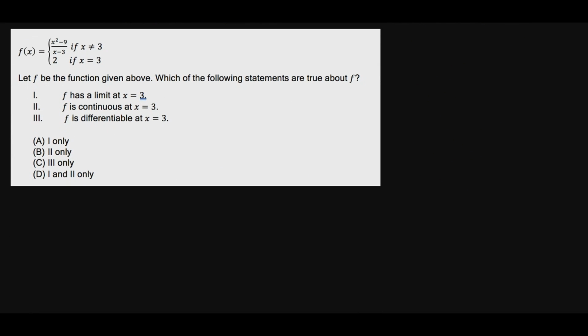Cool. Let's take a look at this next one here. Well, look at this piecewise function. We want to know if f has a limit, if f is continuous, and if f is differentiable. Well, the first thing I want to do is maybe clean up the top. I can factor the top and the bottom like such, and I get x plus 3, right?